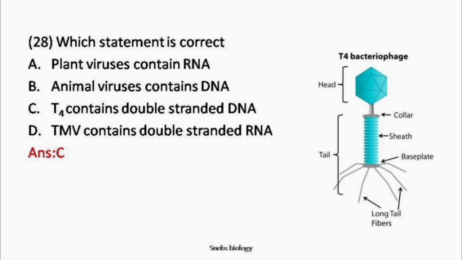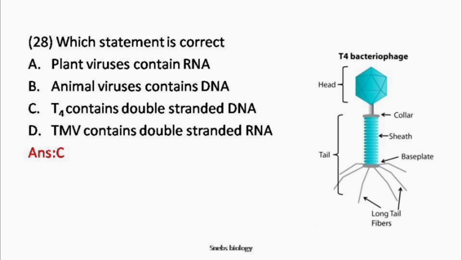Next, question number 28. Which statement is correct? Option A, plant viruses contain RNA. Option B, animal viruses contain DNA. Option C, T4 contains double-stranded DNA. Option D, tobacco mosaic virus contains double-stranded DNA.